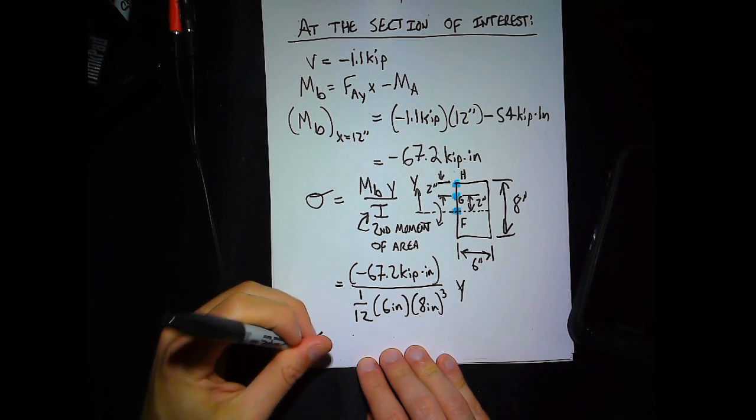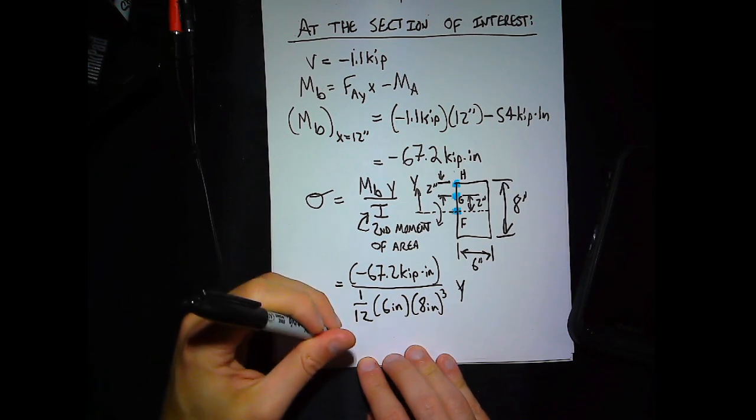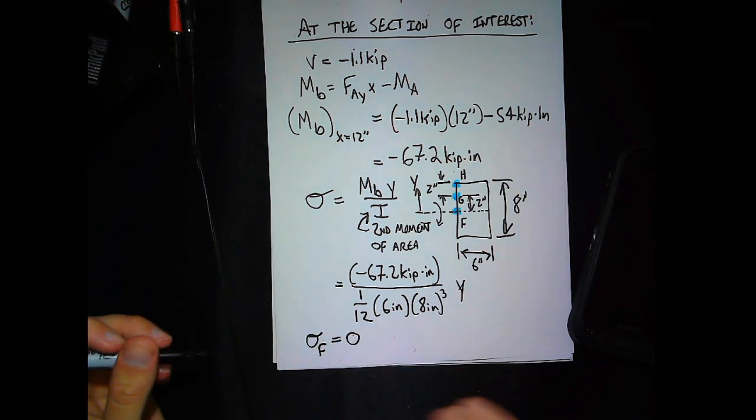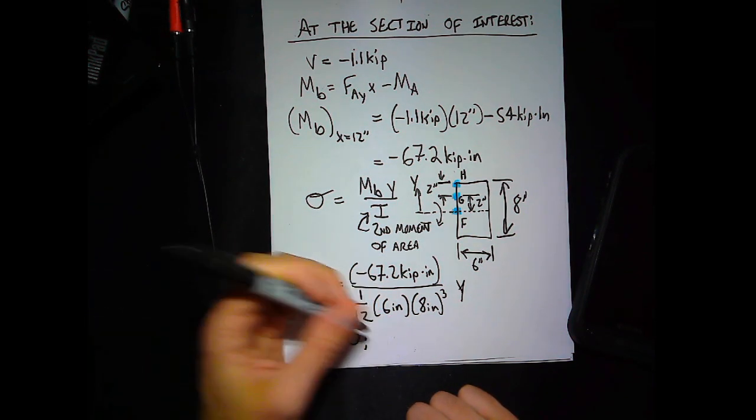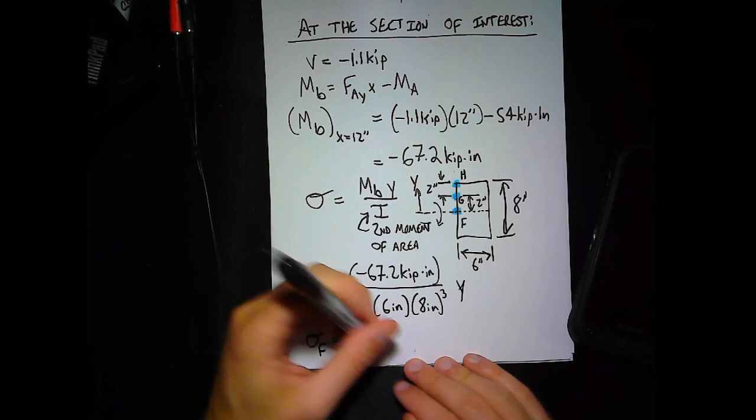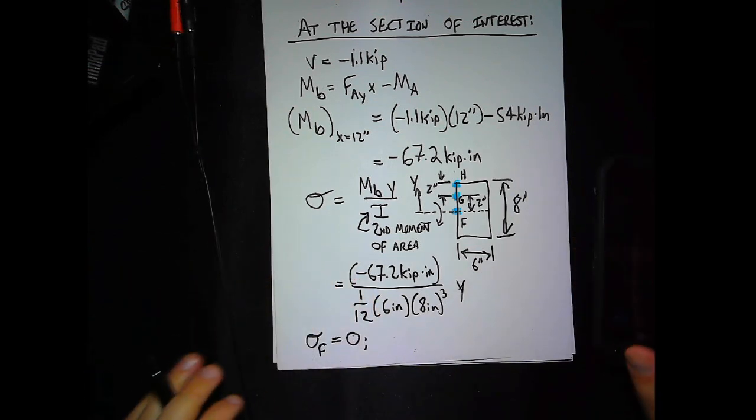Obviously at F, the normal stress is going to be 0 because y equals 0. At sigma G, it's going to be non-zero, so we have to figure that one out. Y is 2 inches there.